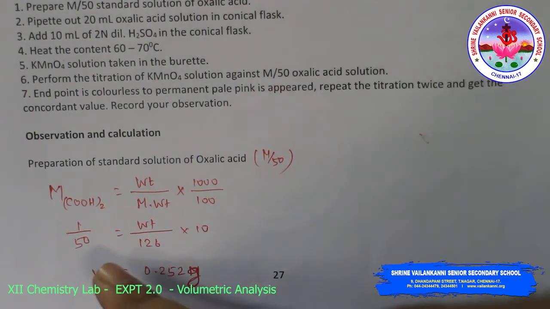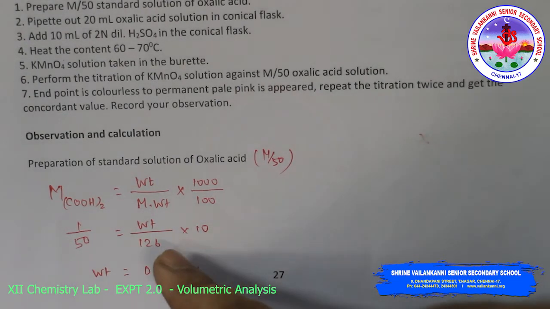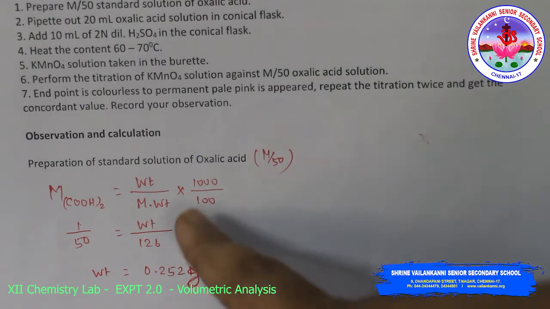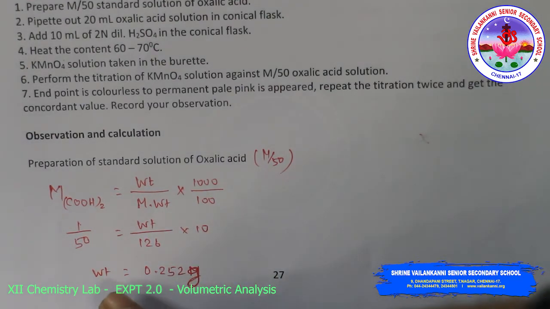So here the molarity of the oxalic acid solution is 1 by 50. The molecular weight of the hydrated oxalic acid, (COOH)2 dot 2H2O, is 126, into 10. After calculating, the weight is 0.252 gram.